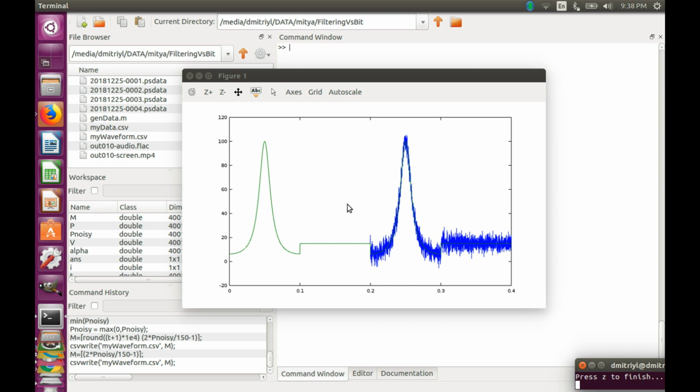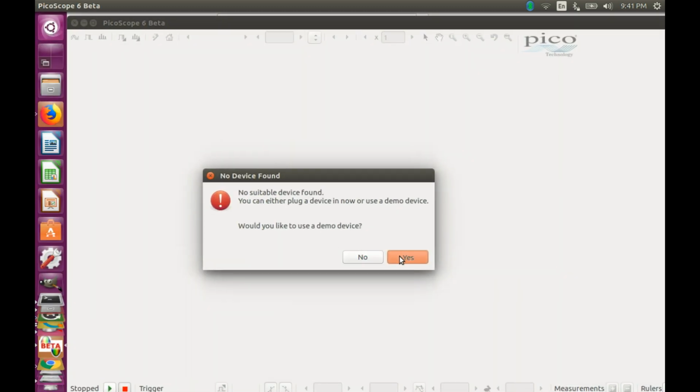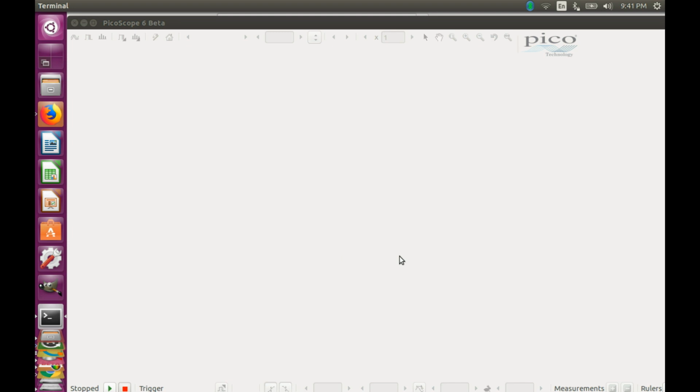Now we are going to open the resulting file and see what happens when we apply enhanced bit resolution and low-pass filtering. I have started the Picoscope in demo mode, and we are ready to open the waveform.